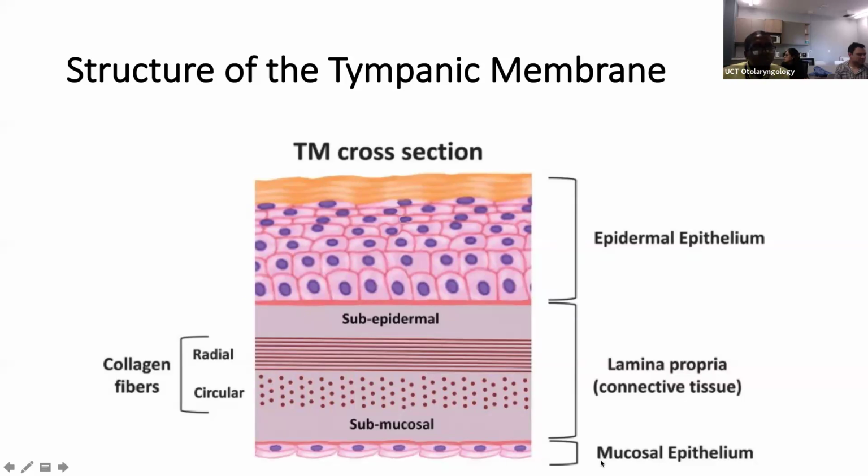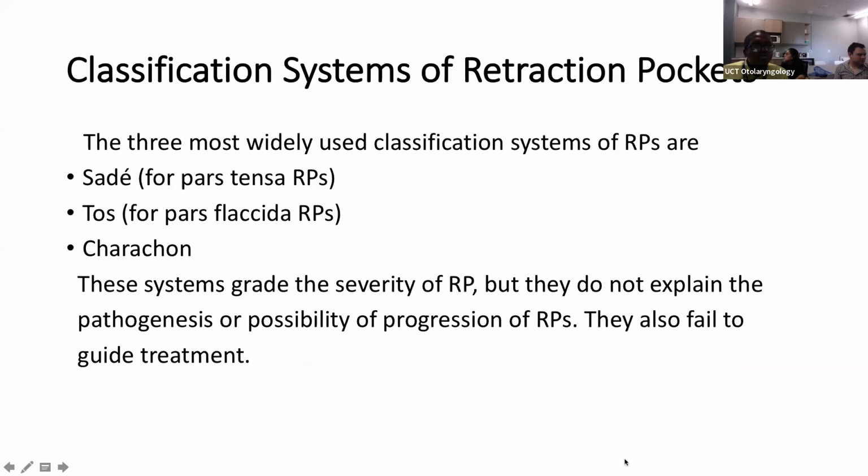And then there's the mucosal epithelium, which is in continuity with the mucosa of the middle ear. Various classifications have been made to describe retraction pockets. The commonest and most widely used are the Sade for the pars tensa, the Tos for pars flaccida retraction pockets, and Charachon.